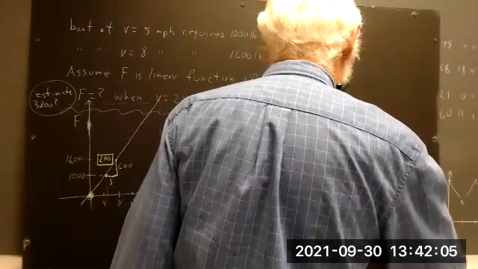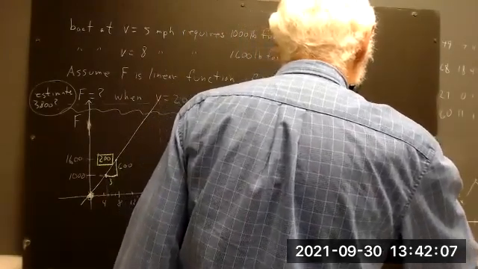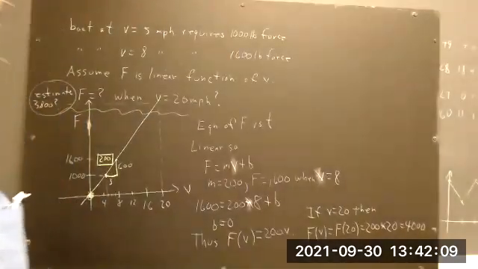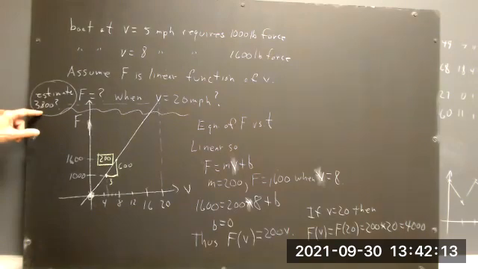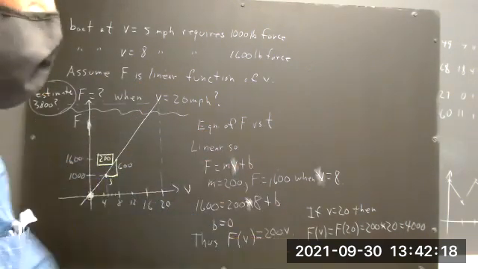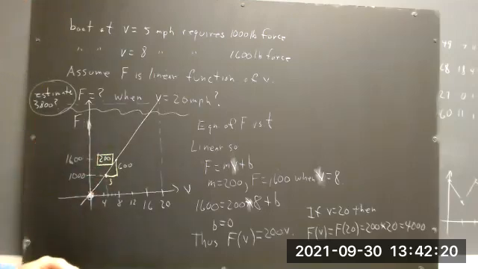We just plug 20 into our equation, and we get 4,000. Well, my estimate here was 3,800. That wasn't too bad of an estimate. This is how we obtain a linear equation, and one example of an applied problem.